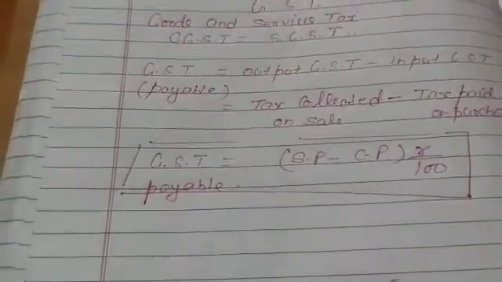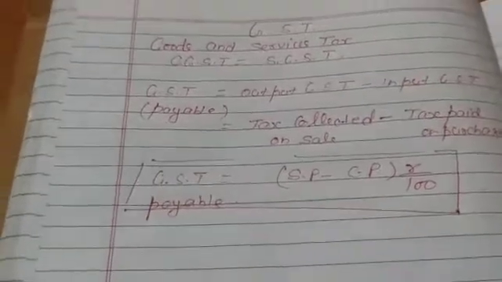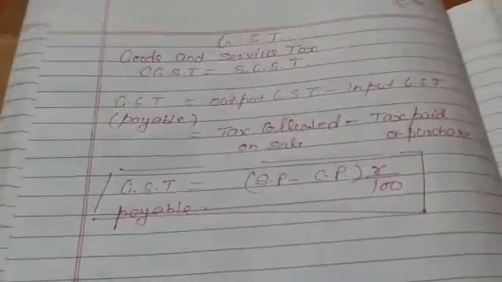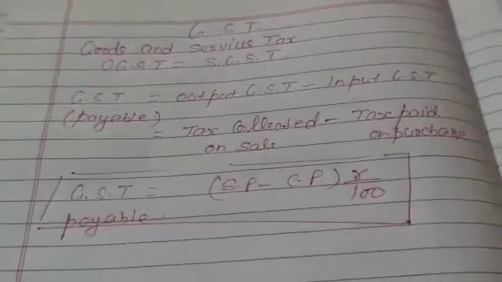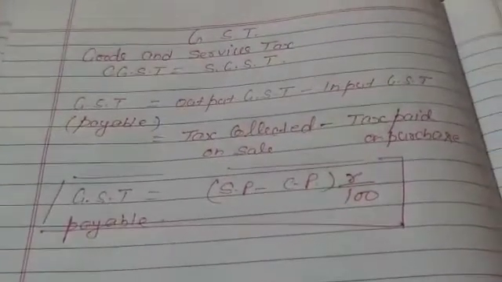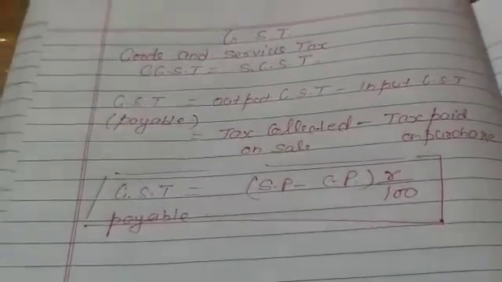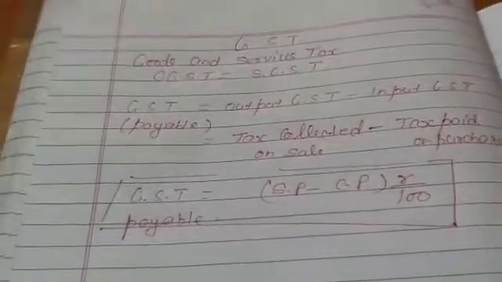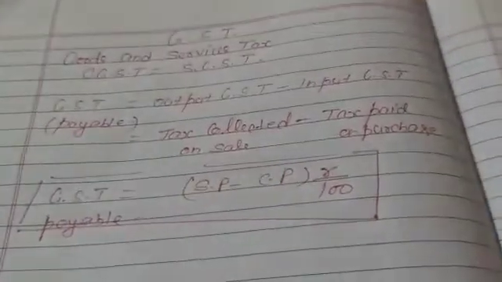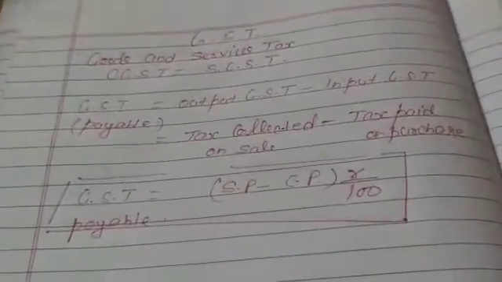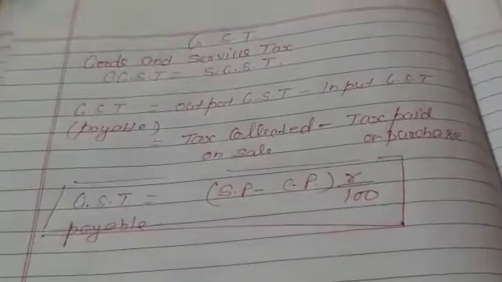So we can say that GST is the difference between tax collected and tax paid. The tax is collected on the sale price of the article, while the tax is paid on the cost price of the article.